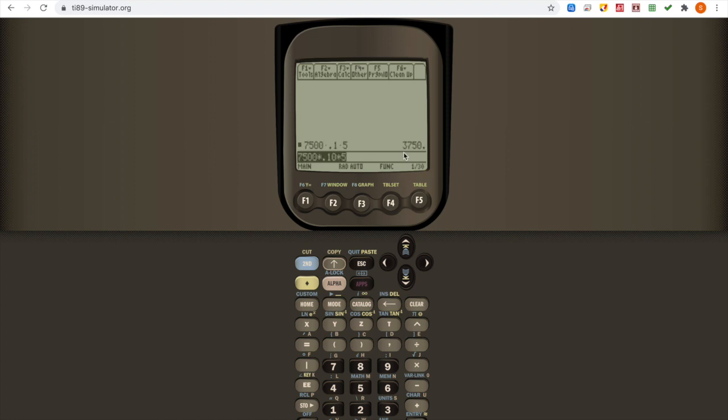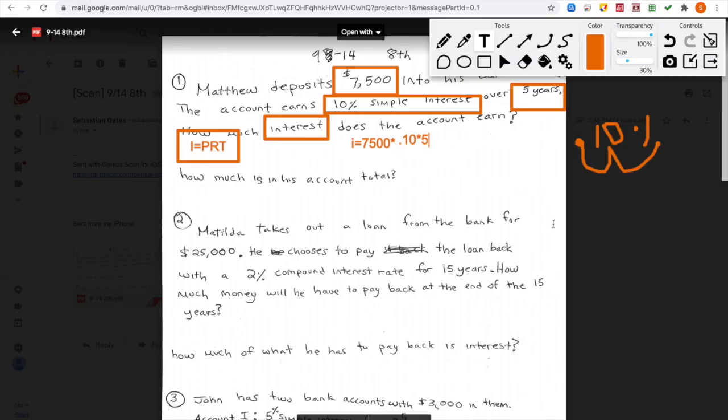That's going to give us 3,750. So we know when we solve this that the interest equals $3,750. With the question asking us how much interest does the account earn, our answer should be $3,750.